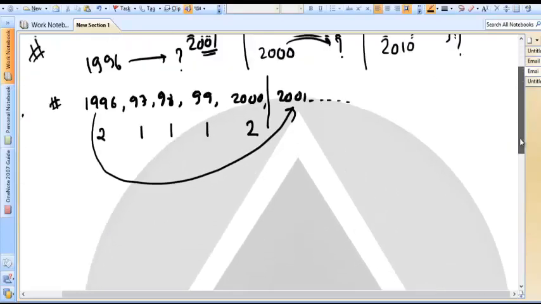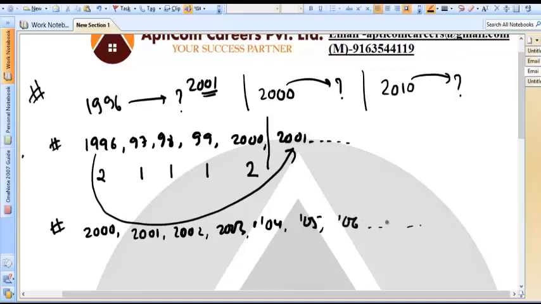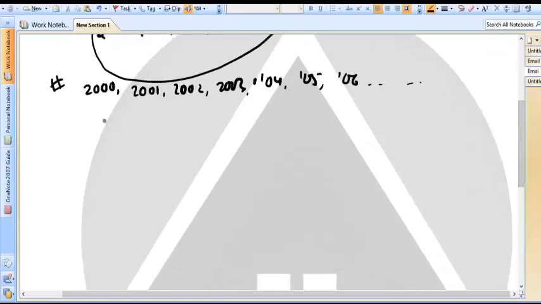Let us see the second one. Now they are asking the calendar of 2000. So calendar of 2000, then 2001, 2002, 2003, 2004, 2005, 2006, and so on, right? So now I'll write down the number of odd days here. 2, 1, 1, 1, 2, 1.